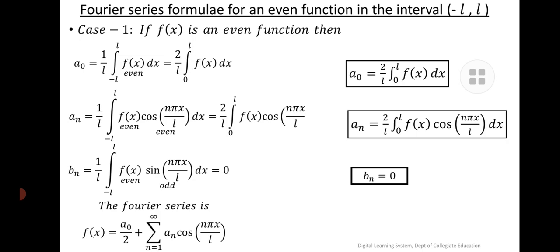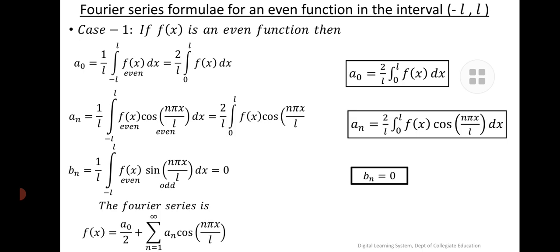For the coefficient term b n, it contains one function that is even and one that is odd. As we know the property of the product when one function is even and the other is odd, the integral value we can directly say is equal to 0.